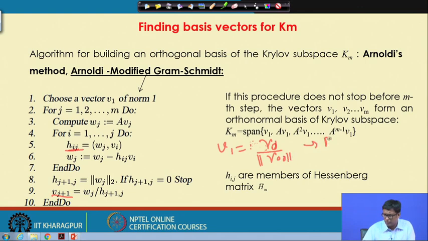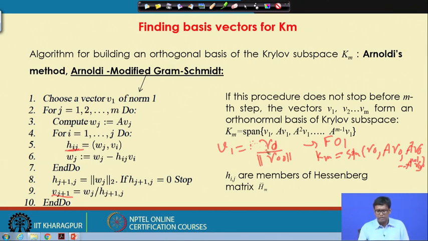You will follow the full orthogonal method, where the Krylov subspace is the span of R0, A R0, A square R0, and so on up to A to the power m minus 1 R0. So, you start with the initial guess, with the first vector V1 being the initial residual in normalized form, and you get the basis vectors of the Krylov space you need for solving Ax equal to b.